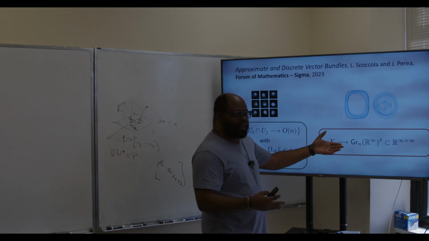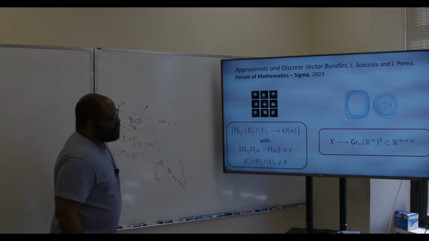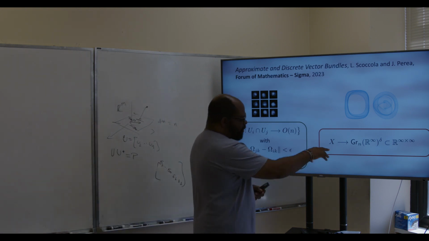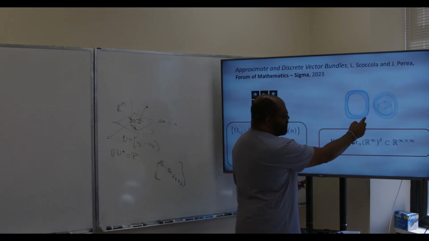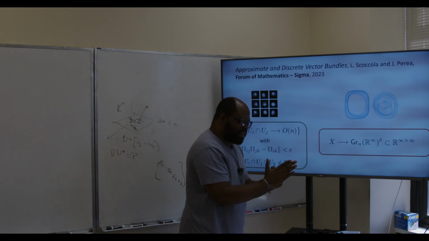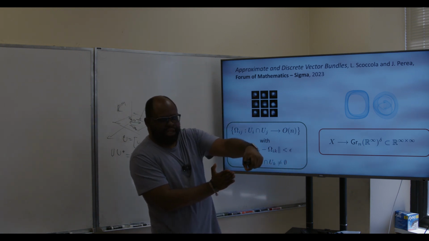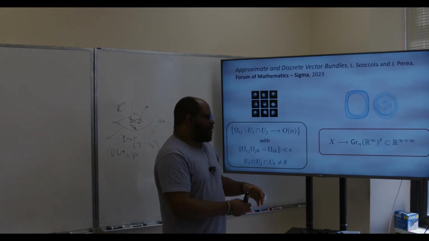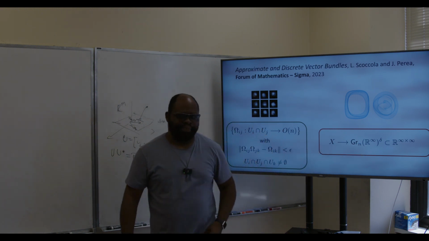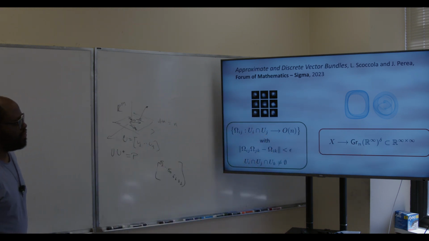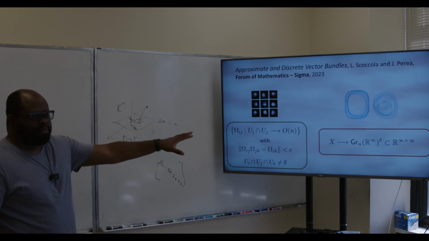So it's some neighborhood of the Grassmannian. Also, even if the PCA is super nice, we know that PCA is not stable, meaning that if I add an outlier, the PCA really shifts. So again, neighborhood. So can we do vector bundles for this type of input?